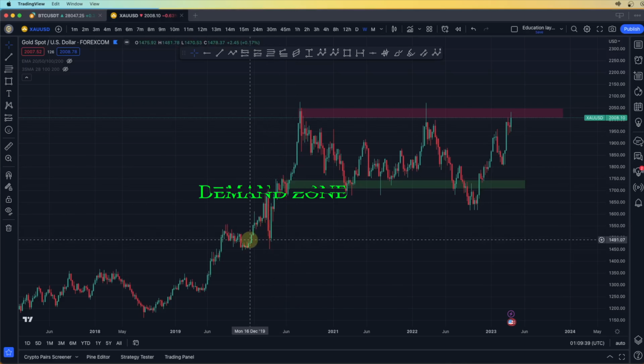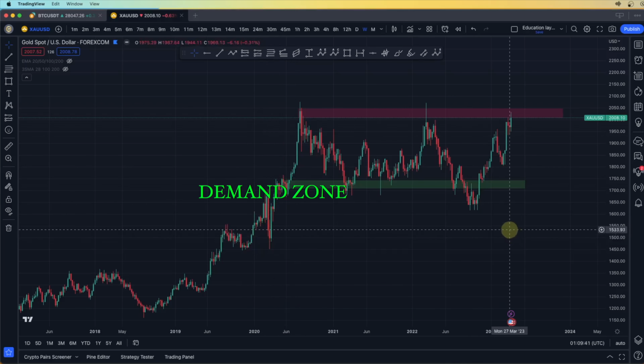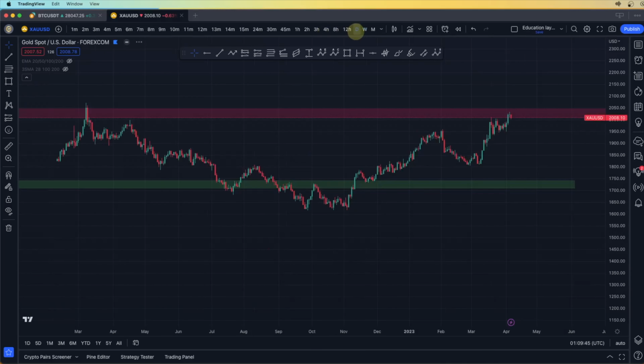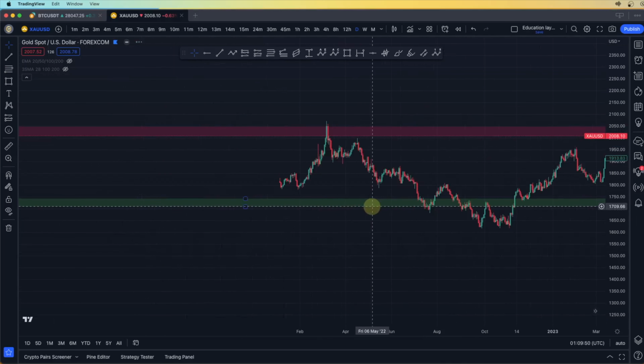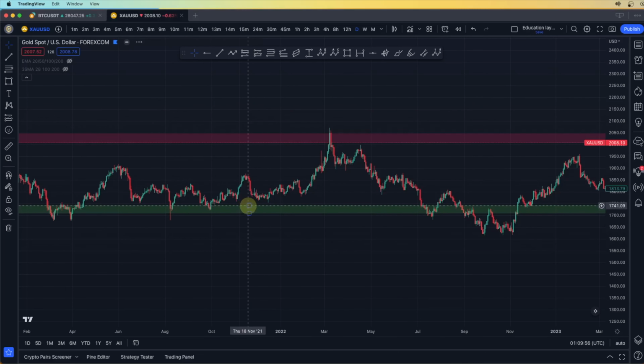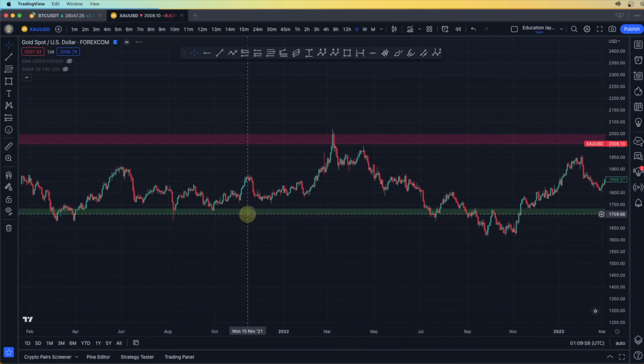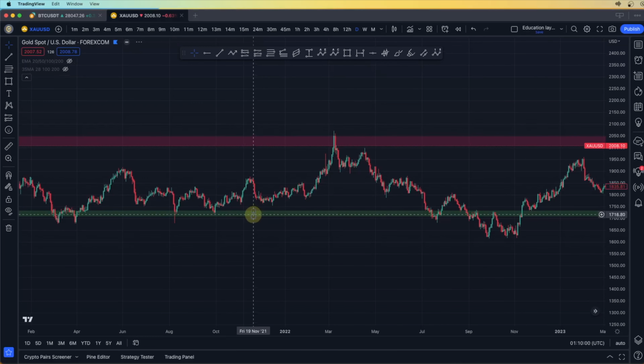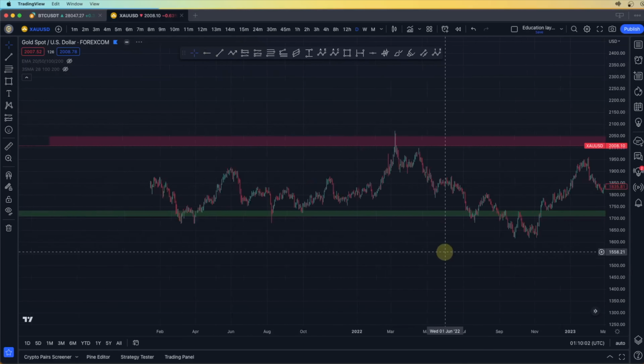When we go for more details on this area, on the daily time frame, we're going to adjust our level. We're going to drag it in and make it smaller, because that is going to affect our trading.